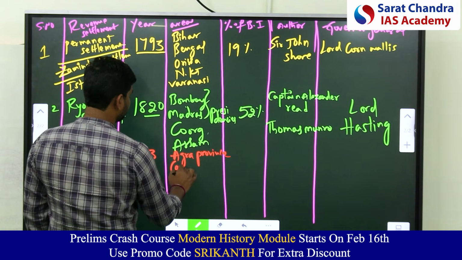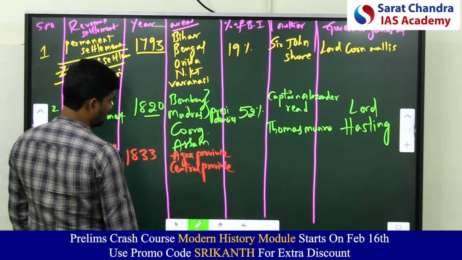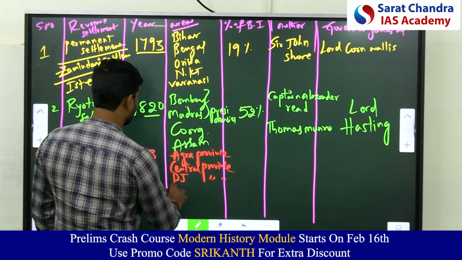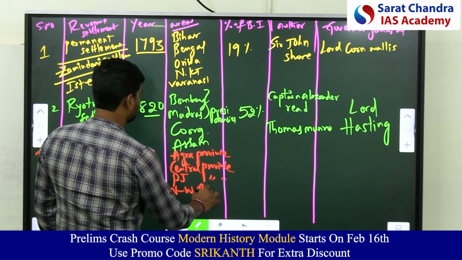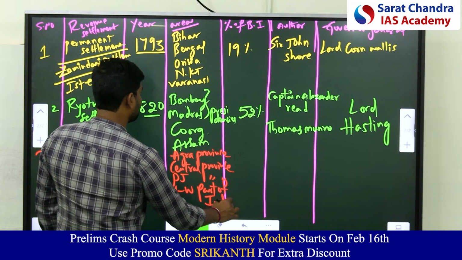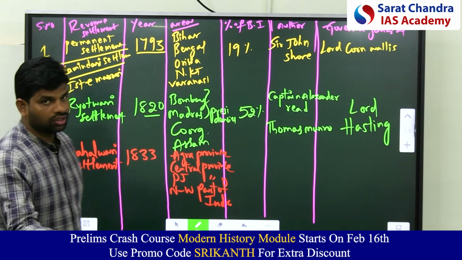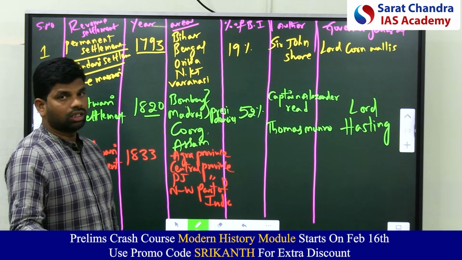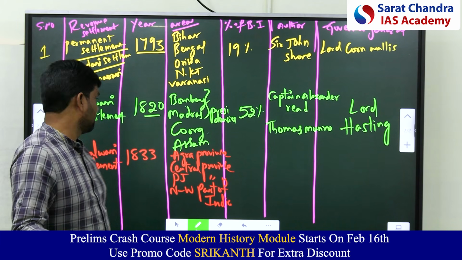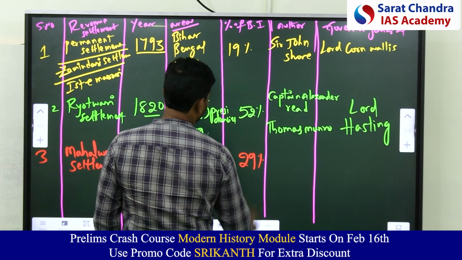The areas covered under the Mahalwari Settlement are the Agra province, Central province, Punjab province, and the northwestern part of India, as well as the frontier provinces in the northwest. It covers almost 29% of British India.